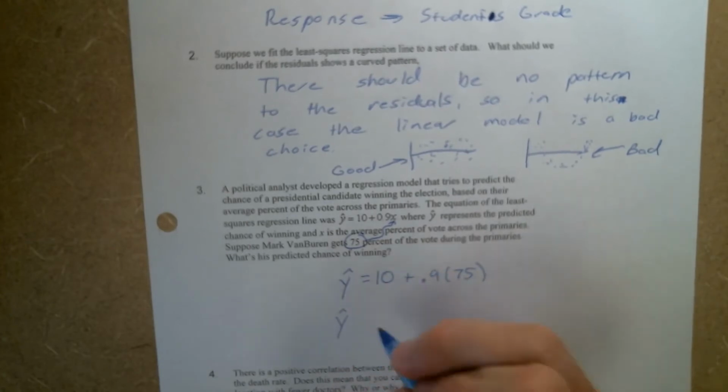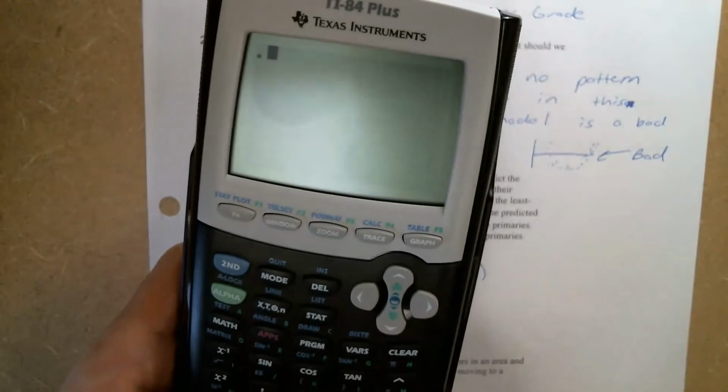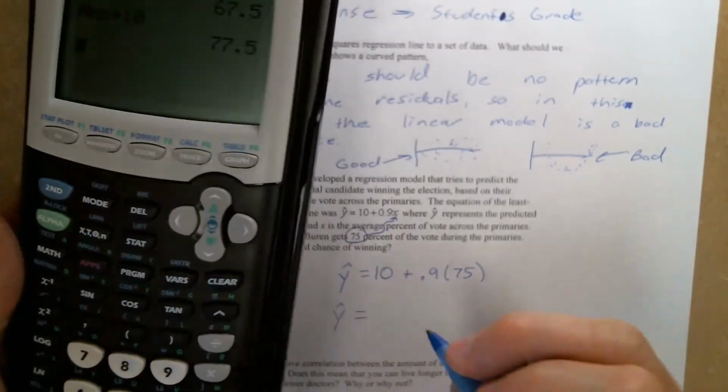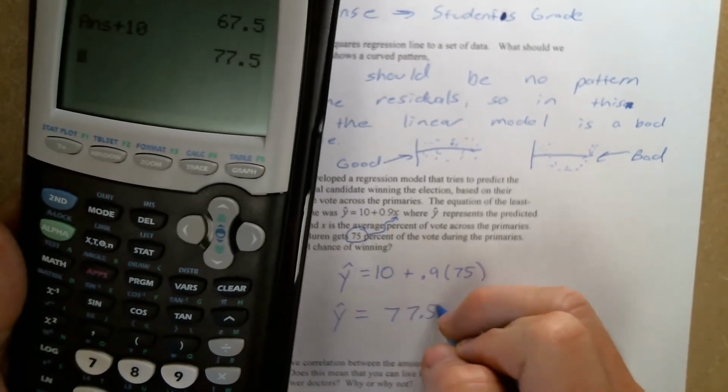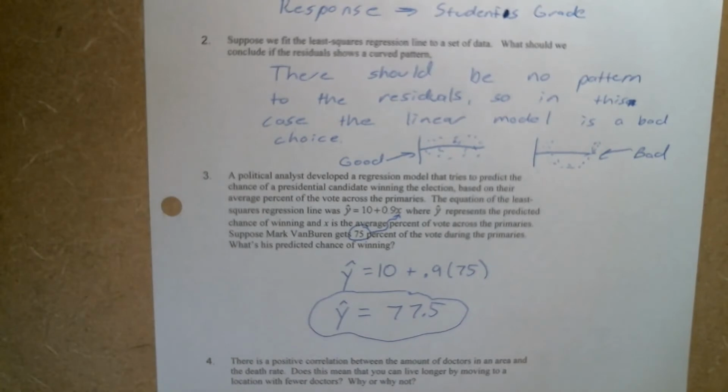So if we work that out, 0.9 times 75 plus 10, y hat ends up being 77.5.